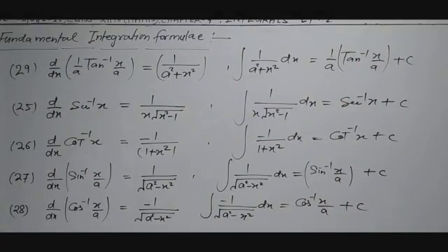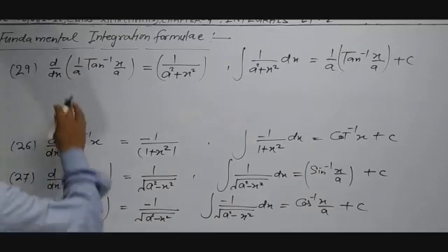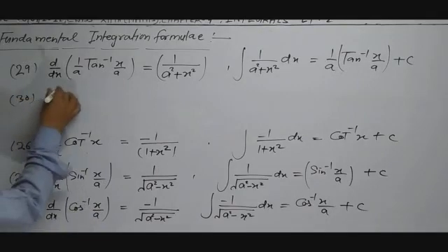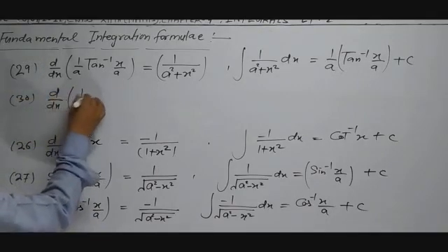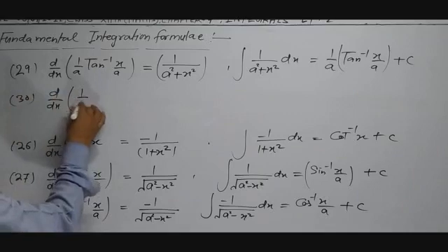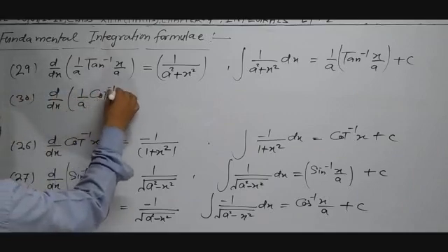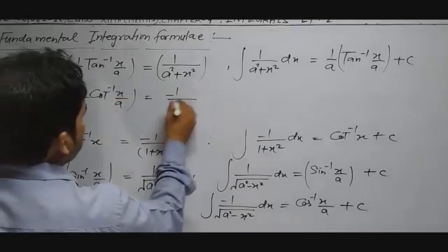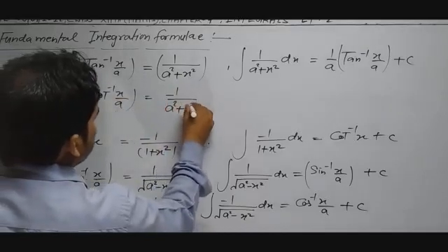Now come to formula number 30. Formula number 30 is similar to 1 by a tan inverse x by a. You can write d by dx of 1 by a cot inverse x by a. Its result is minus 1 upon a square plus x square.